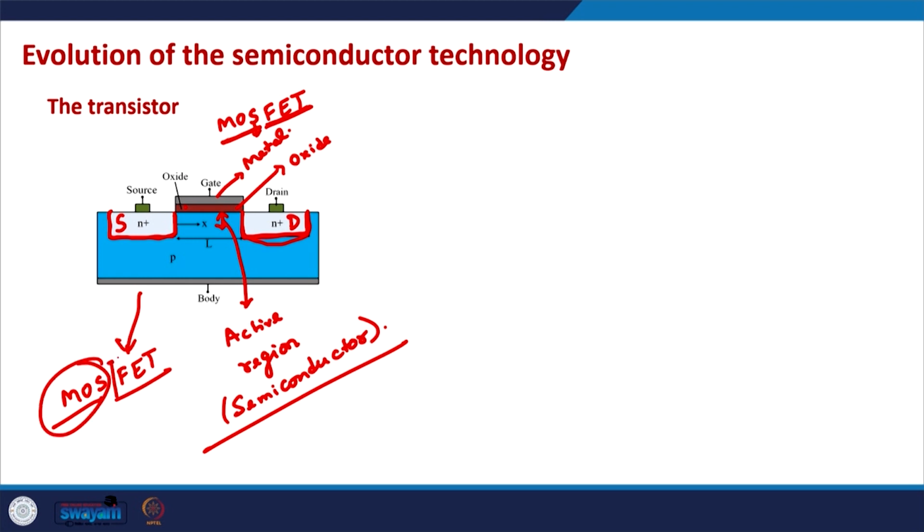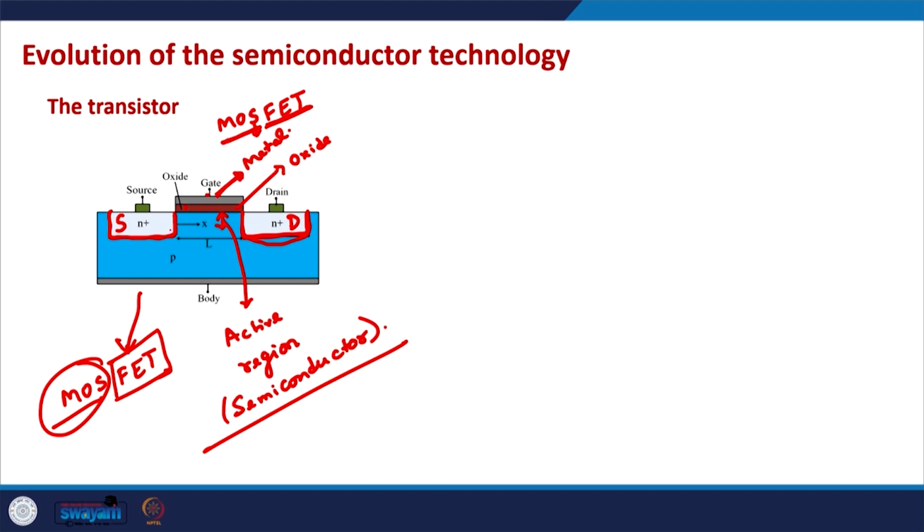And by the name FET, we mean that by applying a voltage on the metallic terminal, the so called gate terminal, we can control current and voltage between the source and the drain. So, the three terminals of the device are the source, the drain and the gate.